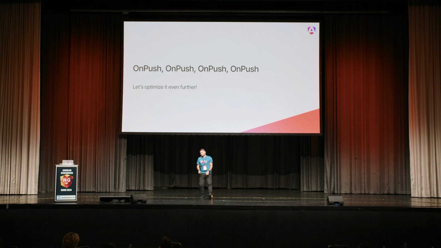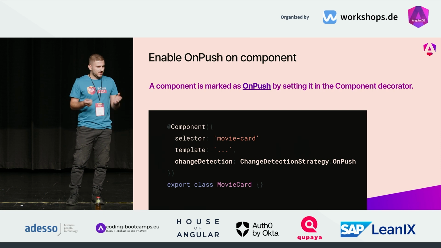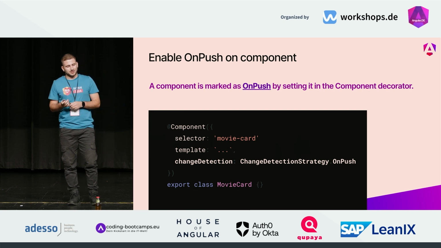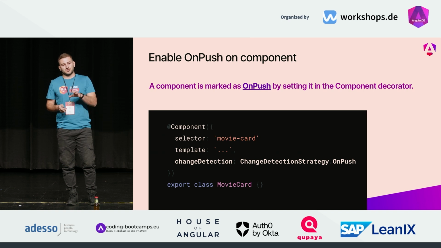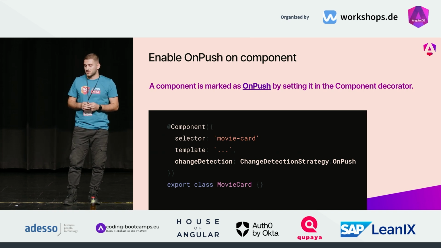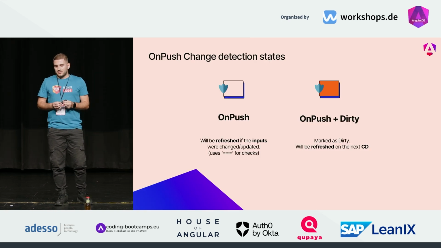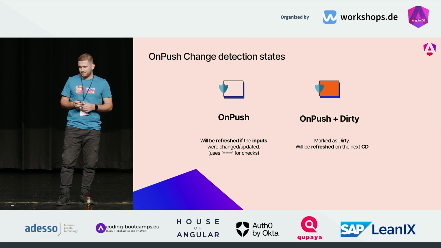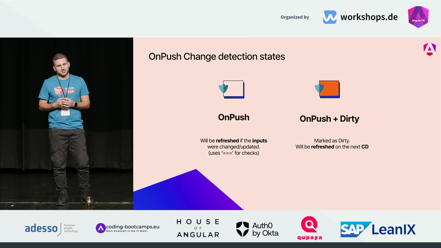Let's use OnPush and optimize it even further. I believe everyone here knows how to enable it. Go to the component decorator, put changeDetectionStrategy, and put OnPush there. And then with OnPush, we have some other change detection states.